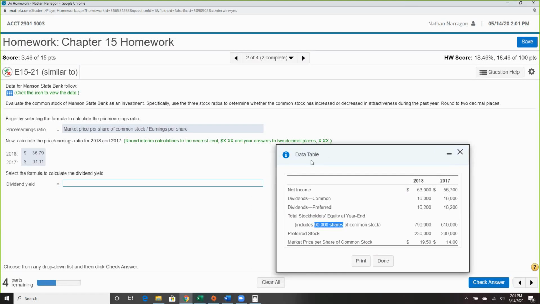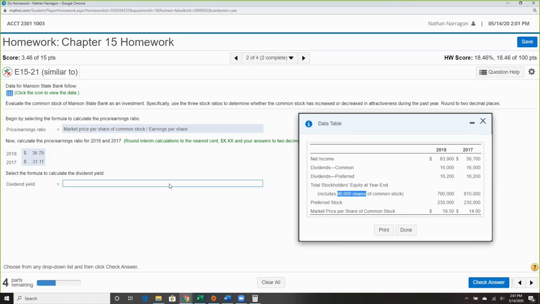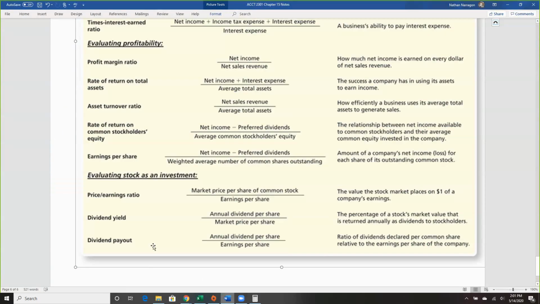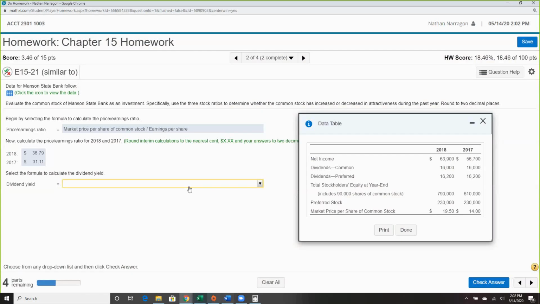Okay. Next is our dividend yield. Now let's look at the formula, find the right one. There's our annual dividends per share divided by market price per share. There we go.